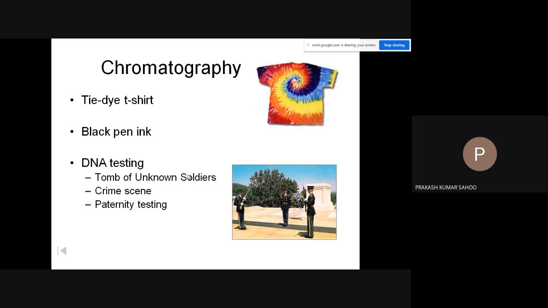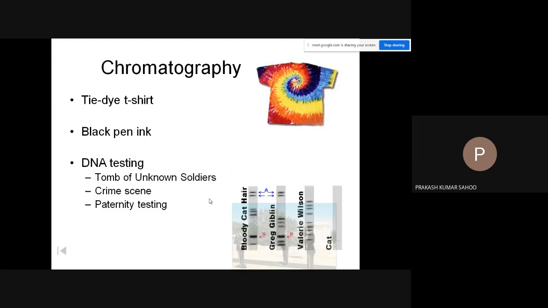Depending upon volatility, it defines the static and mobile phase. This chromatography process is used to dye t-shirts. Dye means coloring. So coloring of t-shirts and black pen ink. Then we have DNA testing, which includes the tomb of unknown soldiers, crime scenes, and paternity testing. These all include chromatography applications.